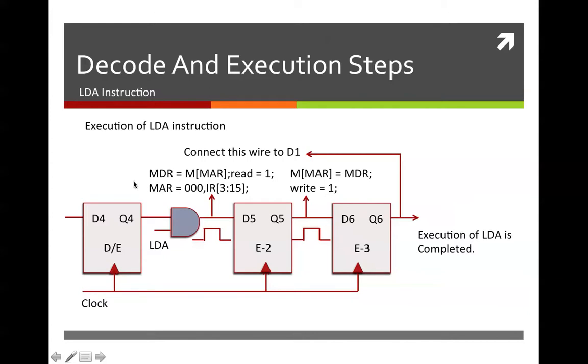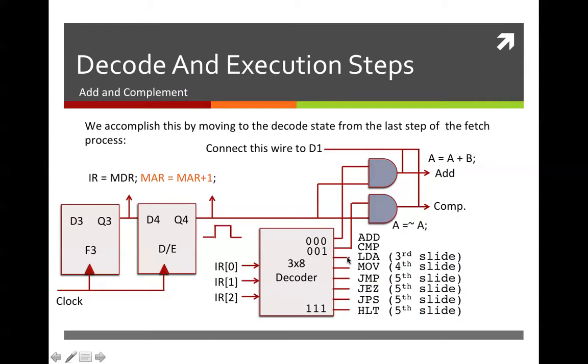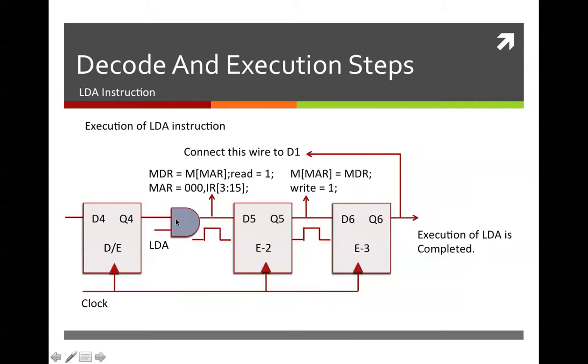And the data actually is the operand that is held in the next 16-bit locations. So the first thing that we do when we get to this point where we're now executing a load instruction, and the LDA is 1, meaning that this wire is actually 1 right there. That is the combination of the 2 ANDed together that gives us a 1 over here. And this is what we then do.